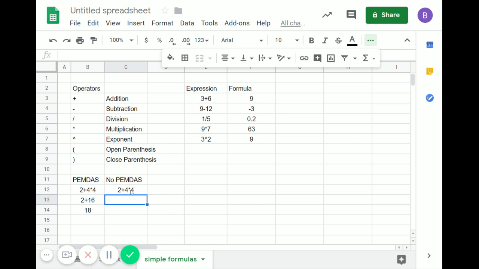No PEMDAS. We're just going left to right. Forget the rules. 2 plus 4 is 6. So we're going to put a 6, and then we're left with the times 4. 6 times 4 is 24.